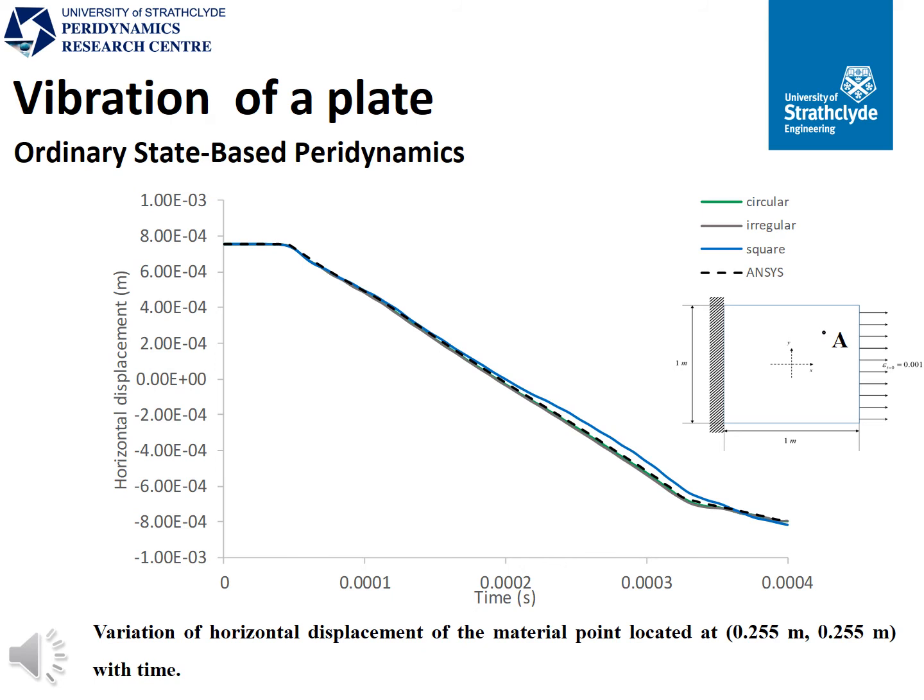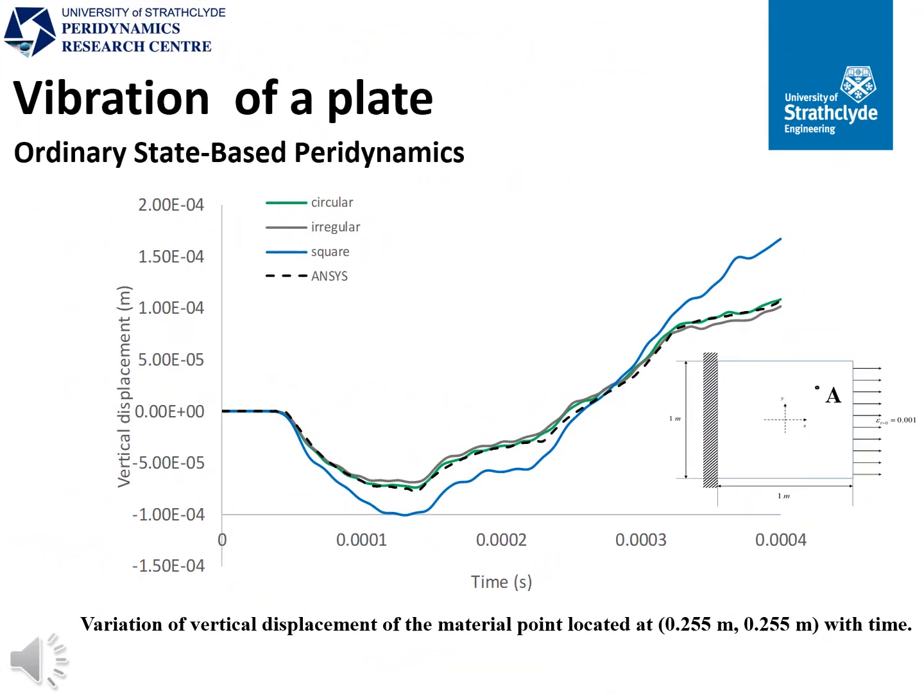However, there is a slight difference between the square horizon and ANSYS results. These plots show the variation of vertical displacement of point A with time. Again, circular and irregular shape results match very well with ANSYS results. However, there is a significant difference between the square horizon and ANSYS results.